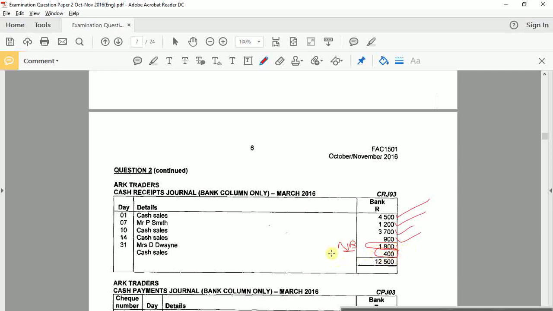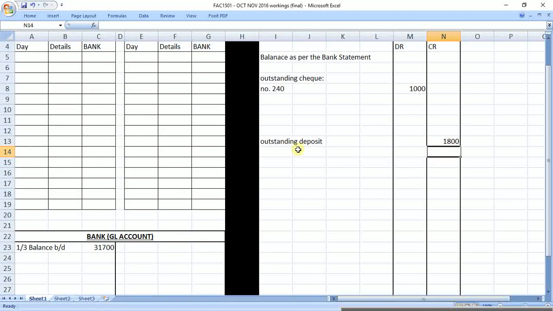We highlight NB. I should write down maybe just to identify what they are. So Dwayne and sales. Outstanding deposit, brackets Dwayne. Outstanding deposit, brackets sales. Just to identify what they are. I don't think they'll mind if you just leave it as outstanding deposits, but just to be more specific.